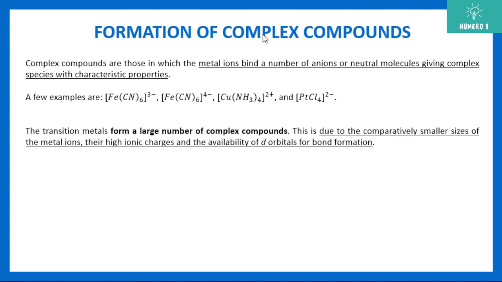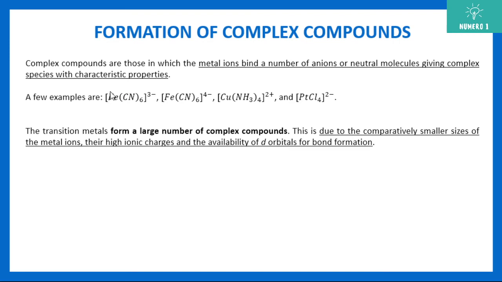Now, formation of complex compounds. Why do they form complex compounds? There are multiple reasons. One of the main reasons is they have empty d orbitals. If they have empty d orbitals, a ligand comes, for example CN minus is a ligand which comes with a lot of electrons, so it gives its electrons to Fe3 plus in this particular case.